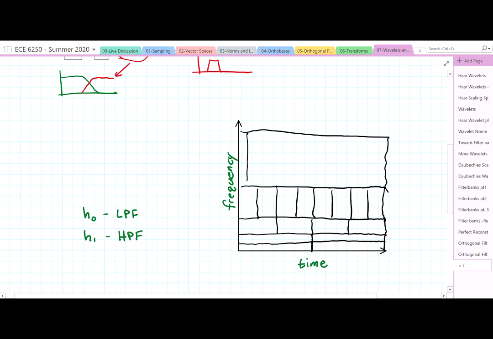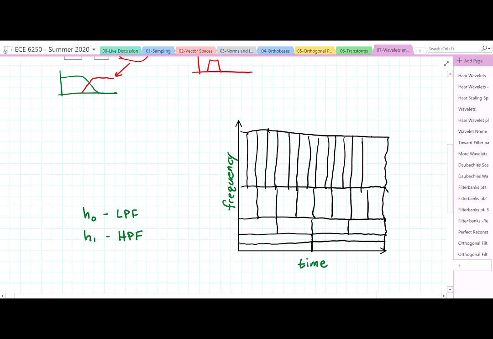So pretty soon the very first wavelet coefficients represent the high frequencies of the signal, and they have a very short temporal resolution.